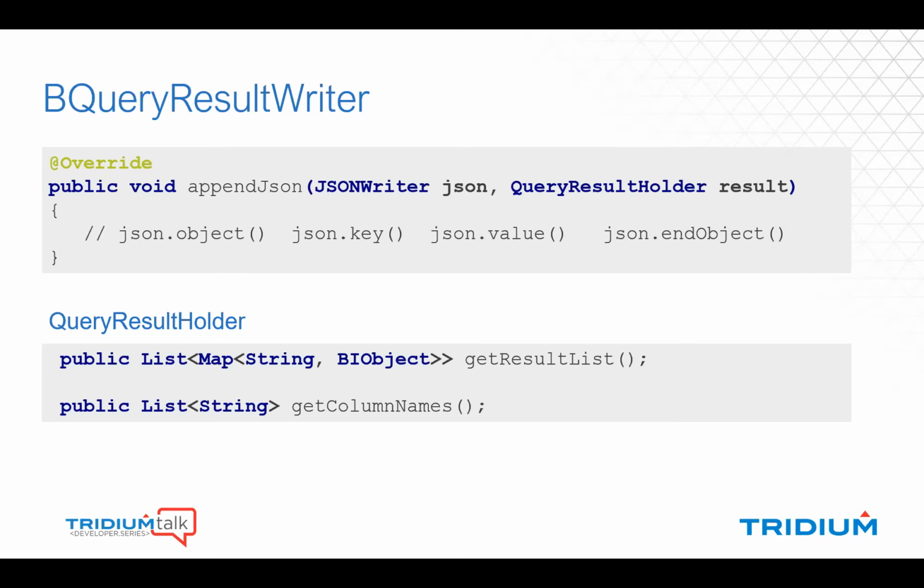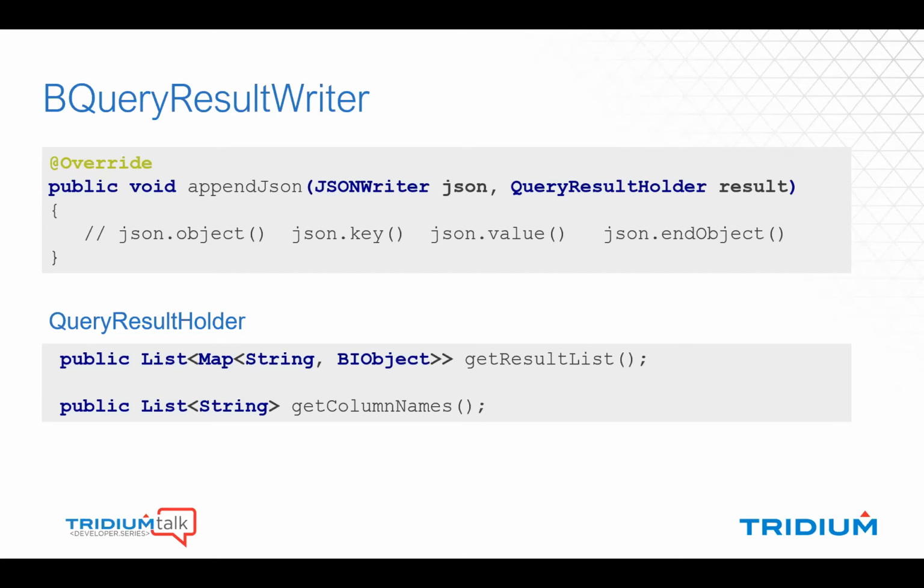The second parameter is the query result holder, which is a cached value of the execution of your query, be it BQuery or NQuery, etc. And I would advise being careful at this point when you do define your BQuery queries or NQuery, for example, in a JSON schema, because you don't want to query the entire station and cache it all in memory. And also the generation of huge long strings, if you've got tens of thousands of points, could be a little bit costly for the JVM.